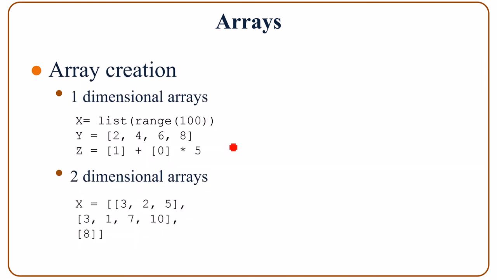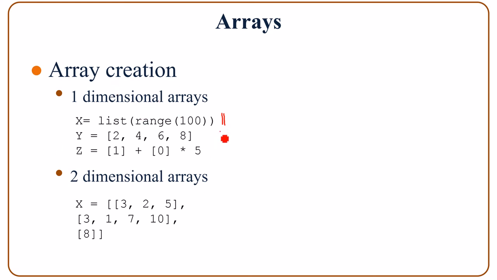There are several ways you can create an array, just like when we create a string. When I say that, I mean you create an array in memory, and then assign a variable to it. In this example, you create an array with values from 0 to 99 and assign the variable x to it.